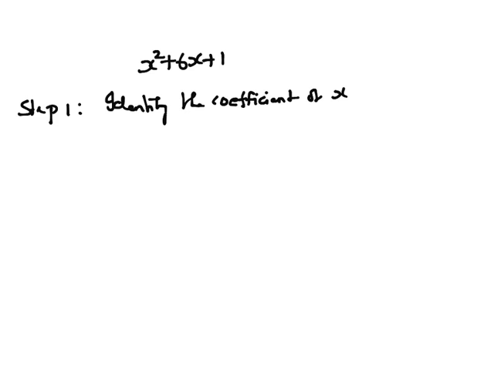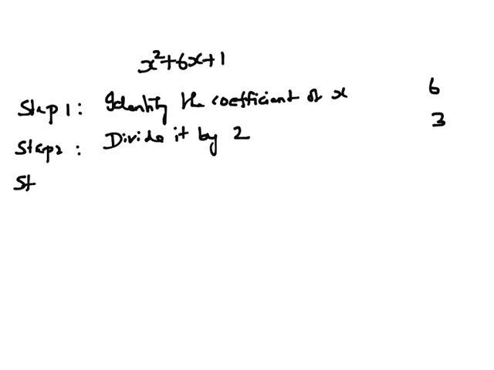Now here it is 6, right? Step 2 is divide it by 2. That means divide the coefficient of x by 2. So I'll get 3 as the answer.